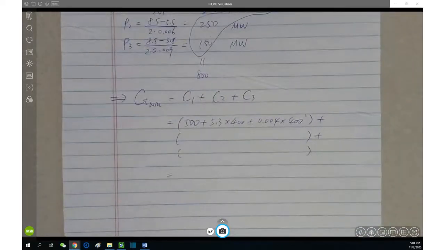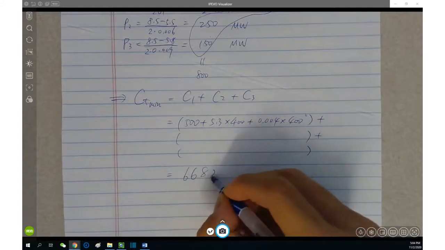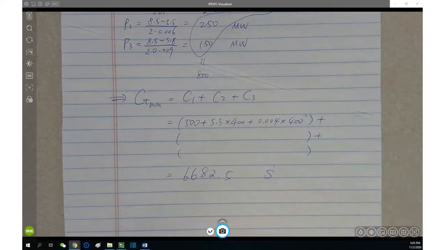You substitute the PIs into the individual generator cost functions, and the total cost is 6682.5.